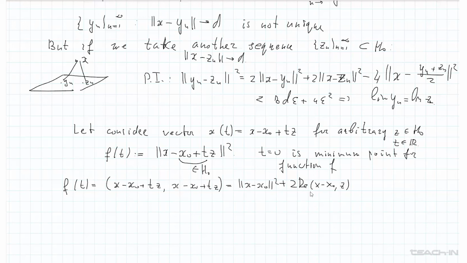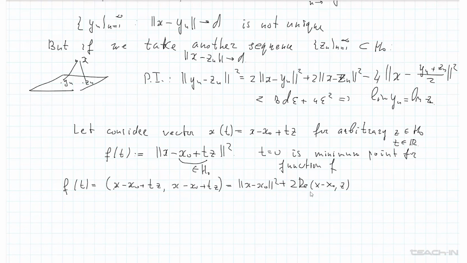I don't consider all sums. If we write the full scalar product with three elements here and three elements here, we obtain nine terms.